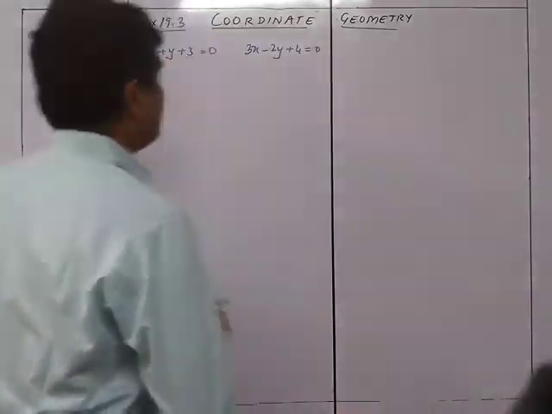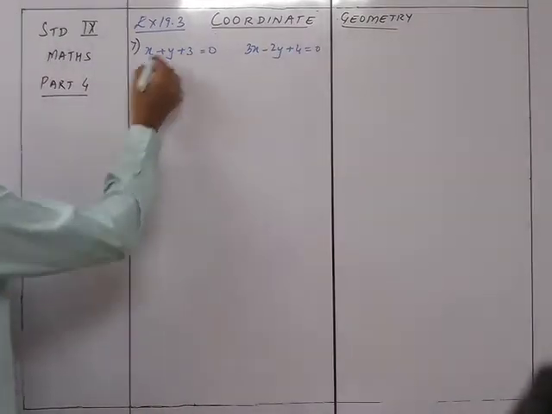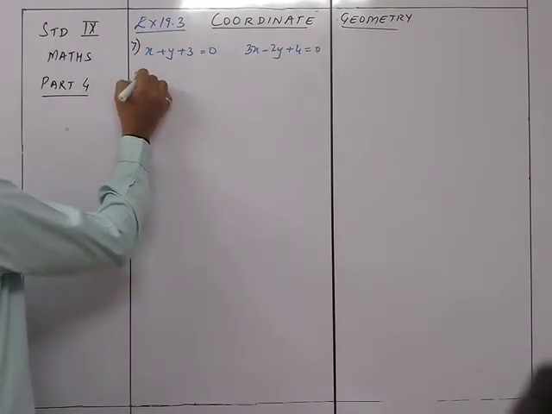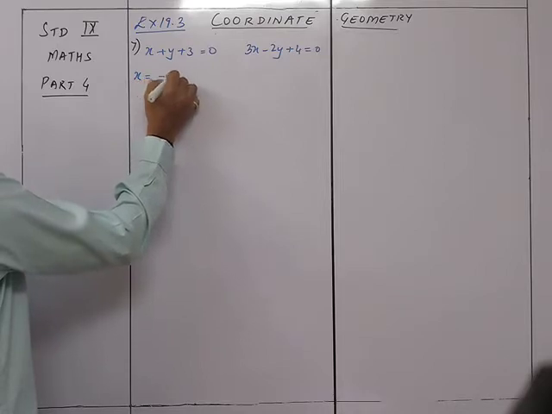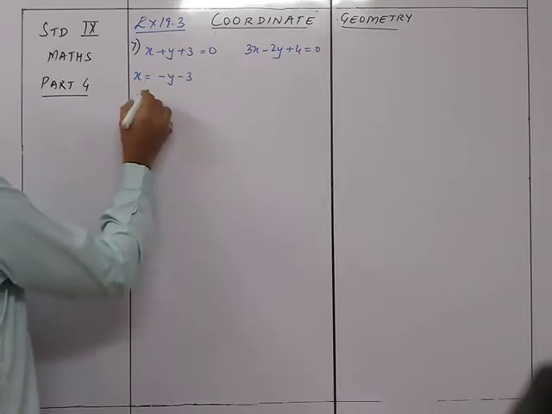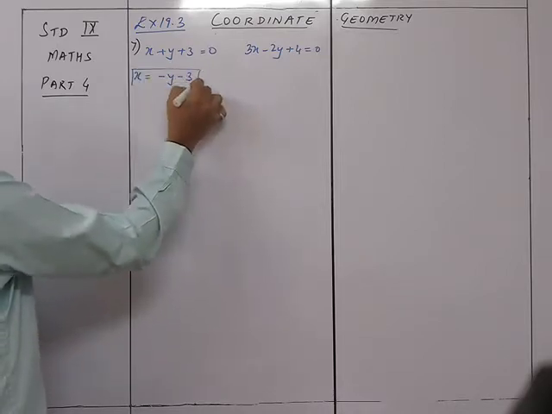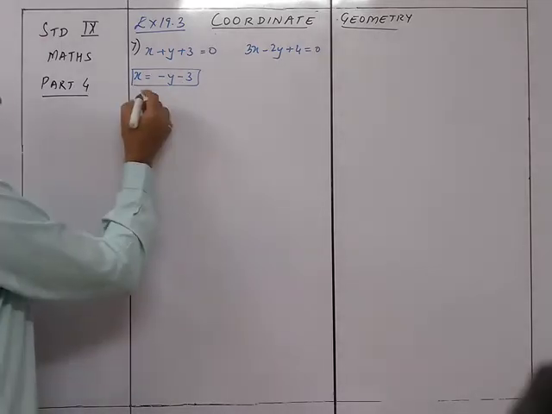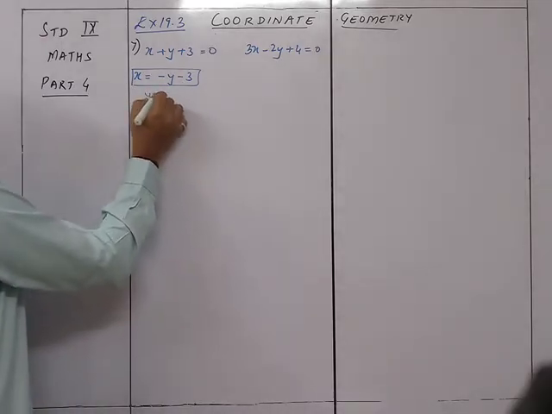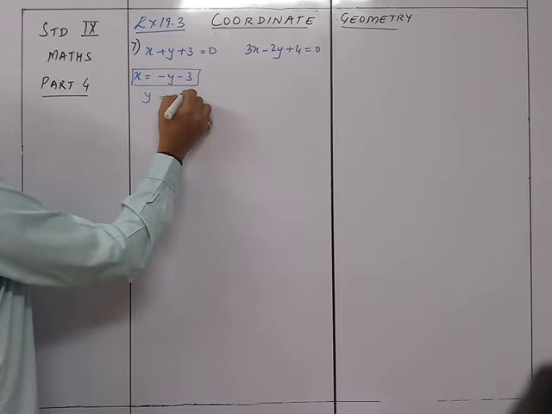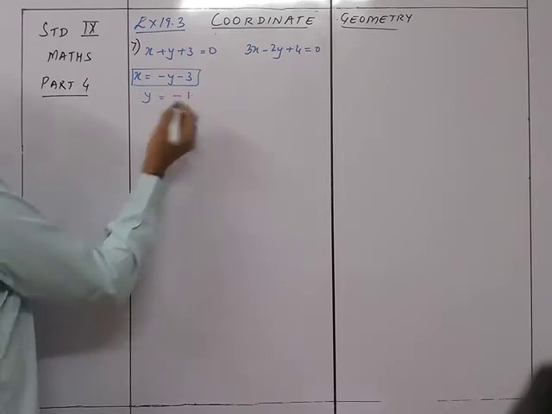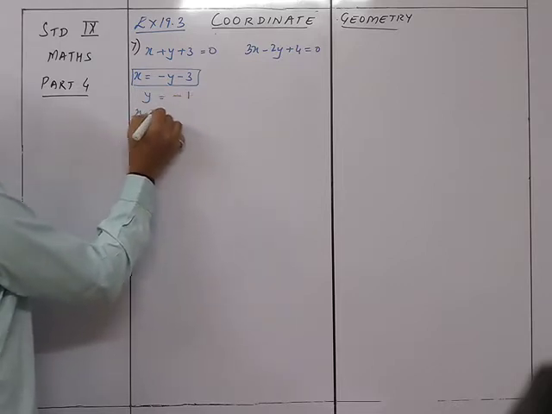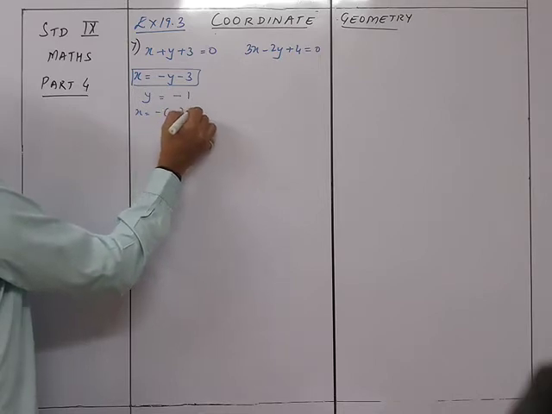So these are the two things over here. First of all, we have x is equals to minus y minus 3. So this is the required equation. So we have first, if y is equals to minus 1, okay, I'll take minus 1, so x will be equal to minus of minus 1 minus 3.